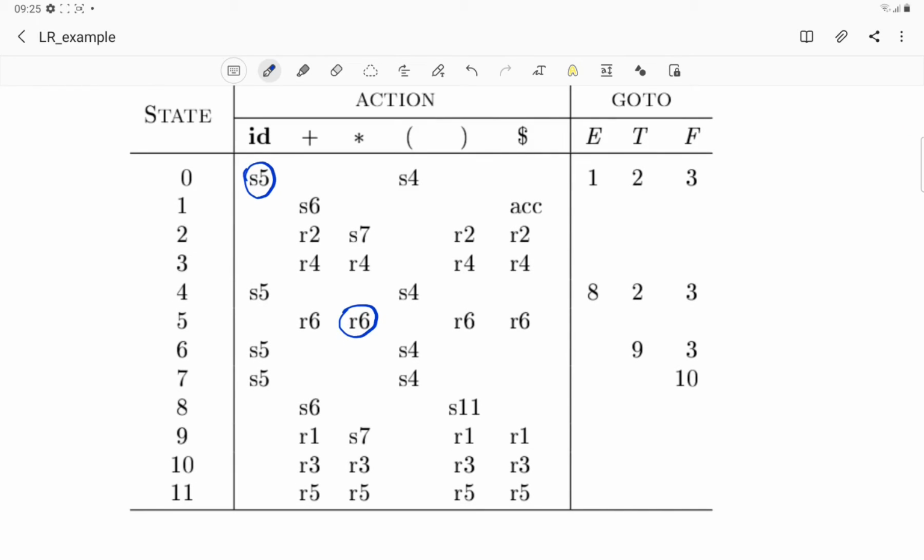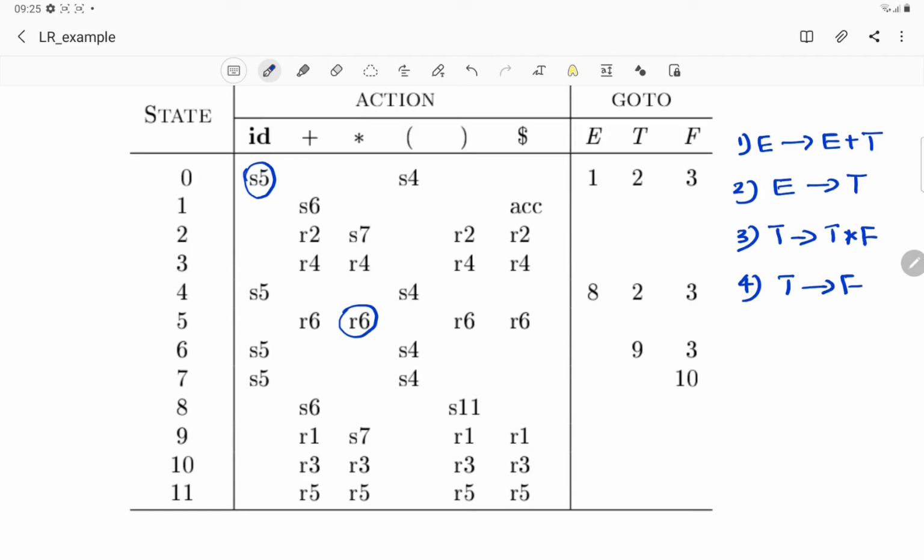Our productions are: first, E gives E plus T; then E gives T; T gives T star F; fourth, T gives F; fifth, F gives E in parentheses; and sixth, F gives id.